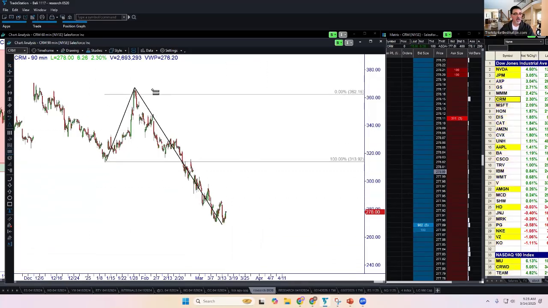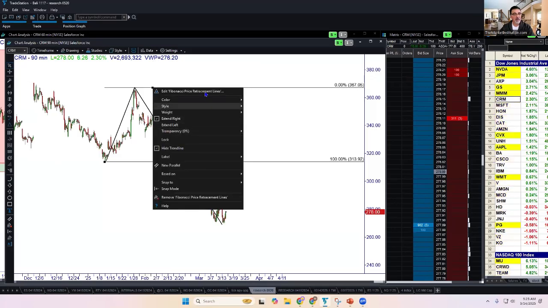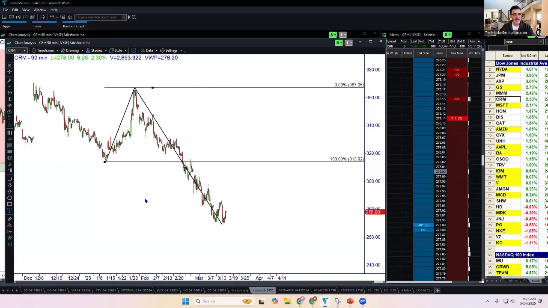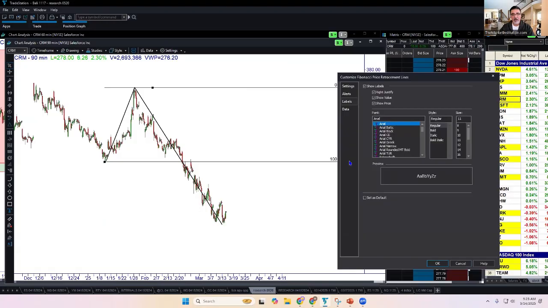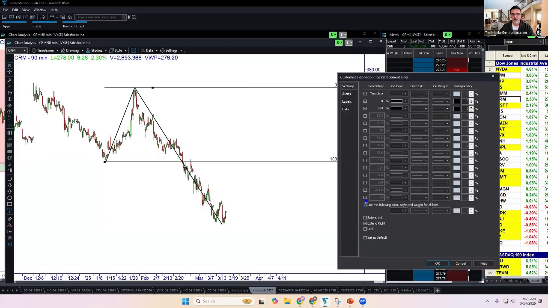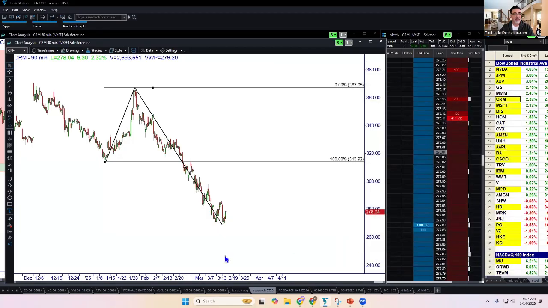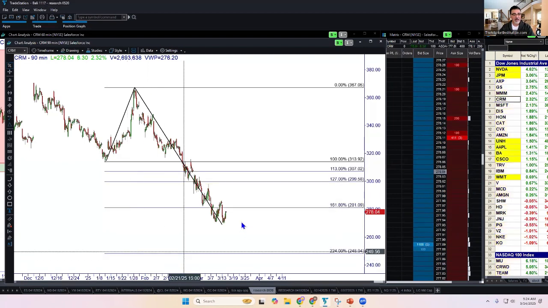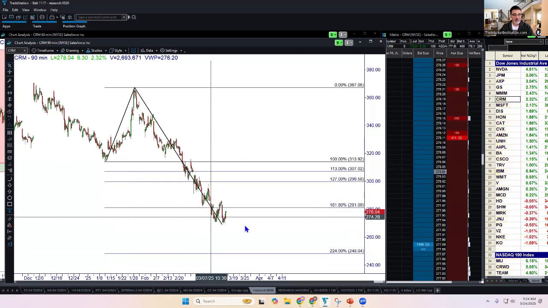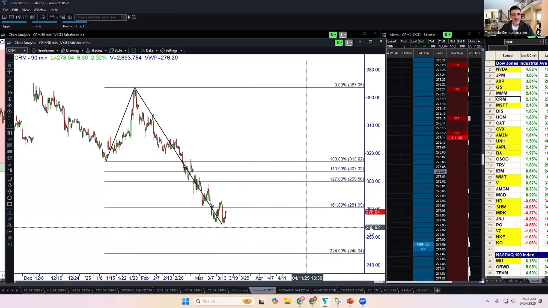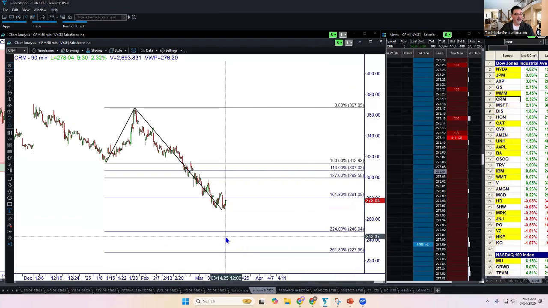Measuring from low to high, then I would turn on the Fibonacci extensions: 314, 261.8, 224, 1618, 127, 113. We would then get the idea that price went beyond the 1618, so it is not the price pattern I'm looking for at the moment.